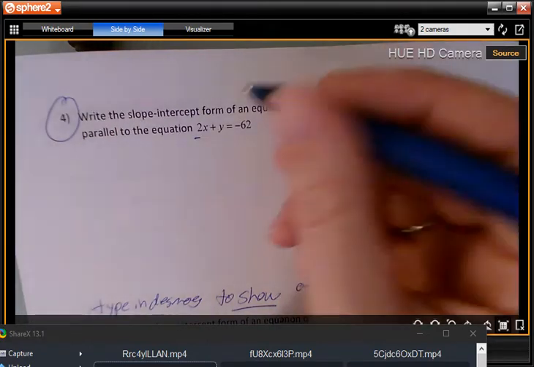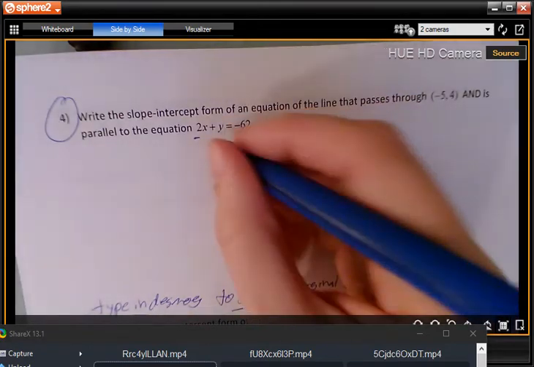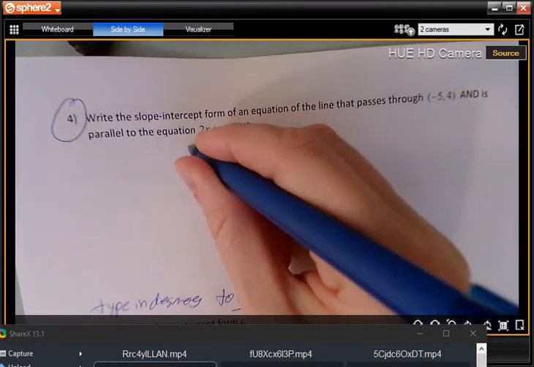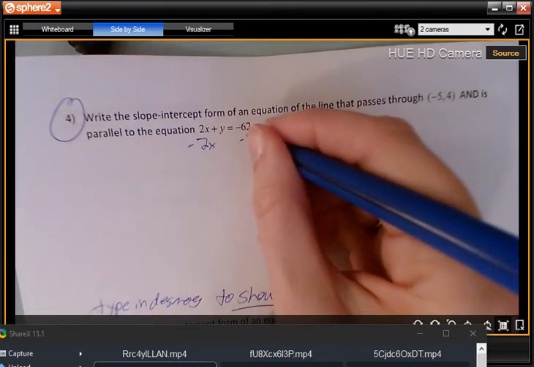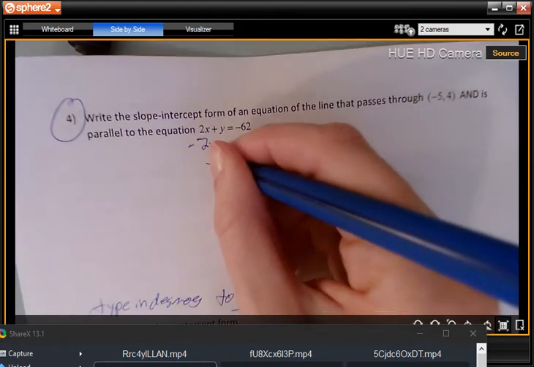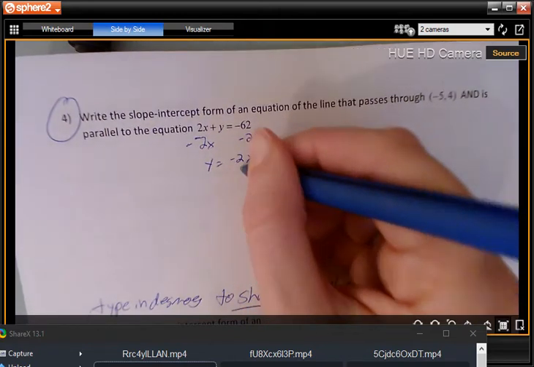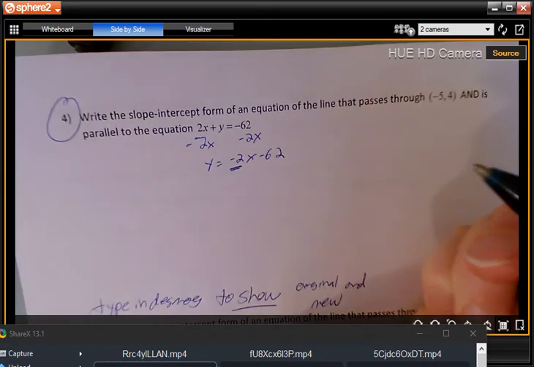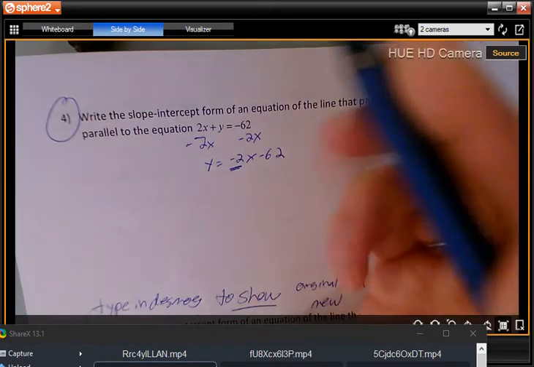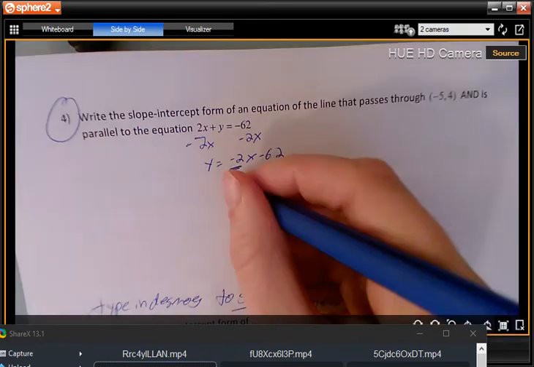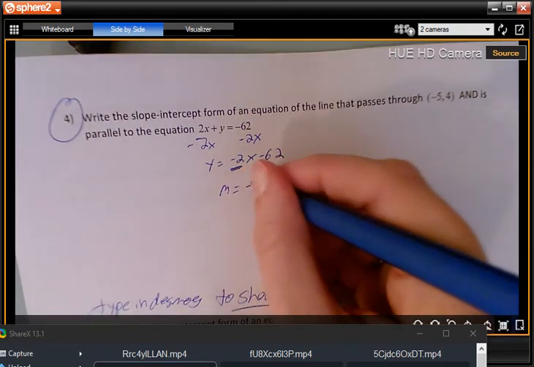I can change this very quickly to slope-intercept form by subtracting 2x from both sides, so I get y all by itself. And I get y equals -2x minus 62. Right here, that slope is all by itself now. It's in slope-intercept form. So I want my m to be -2.